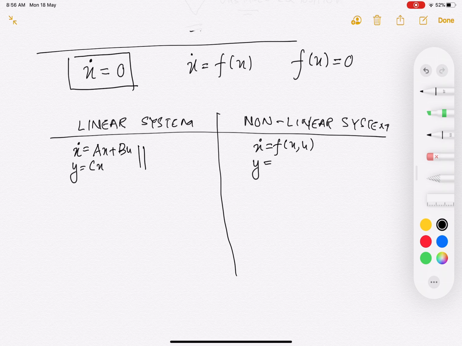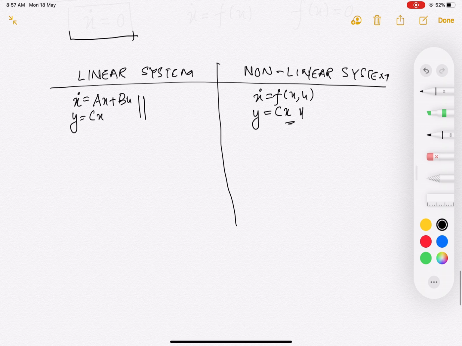Or for our case, let us take it to be an algebraic combination of the state vectors, so we can take it to be Cx, but in general this may also not be true.